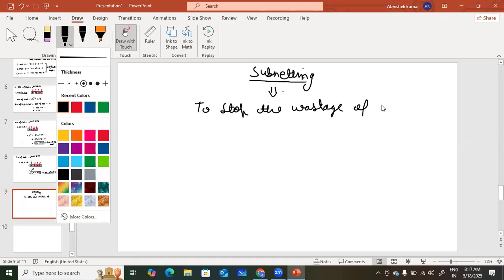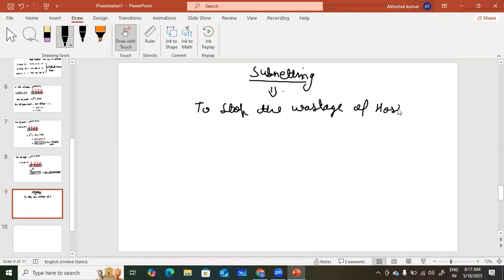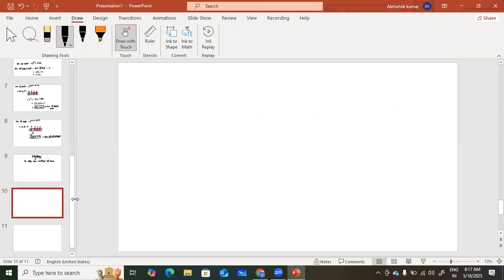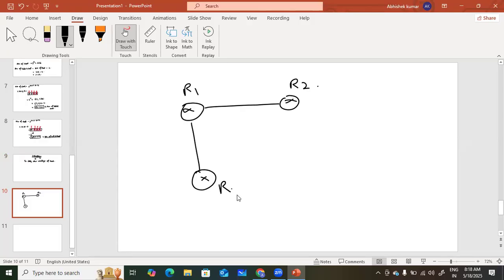What does it mean to stop the wastage of hosts? Where am I going to waste my hosts? Just try to see here. Let's suppose we have to configure a topology, something like this. There's a router connected to another router, and it is connected to one more router, like this.